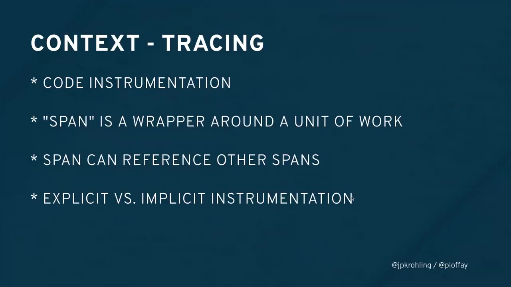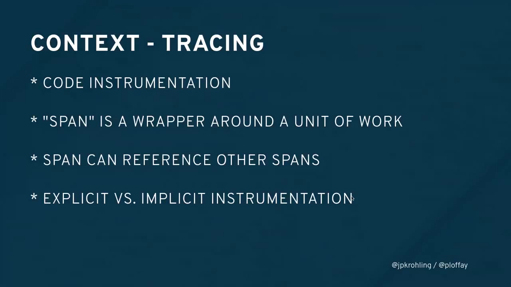Spans can reference other spans. So one span may have a reference to a sibling span, but usually what we have is a span being a child of another span. So we have a parent-child relationship. Now, I mentioned code instrumentation, and we have explicit and implicit instrumentation.